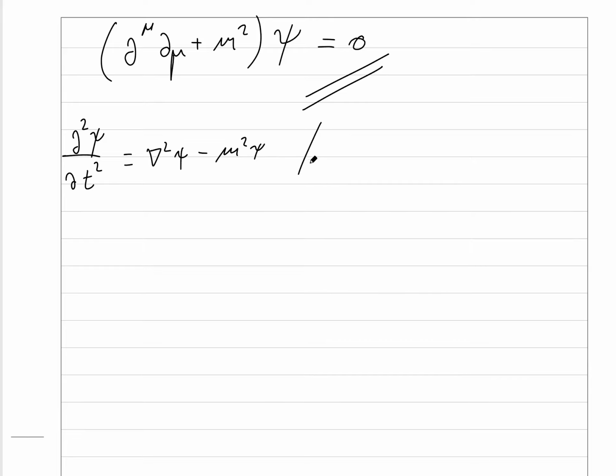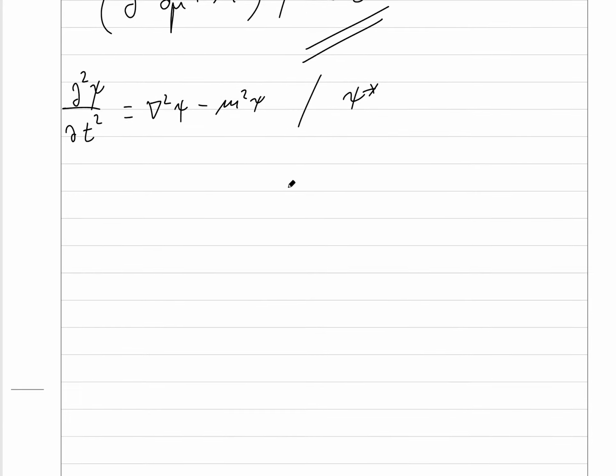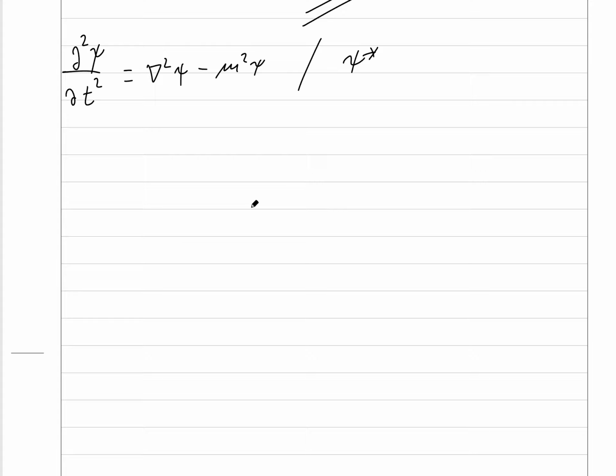And in this equation, you act from the left with the complex conjugate. So you can act from the left, and then you get something like psi star partial squared psi partial of t squared equals psi star del squared psi minus m squared psi star psi.